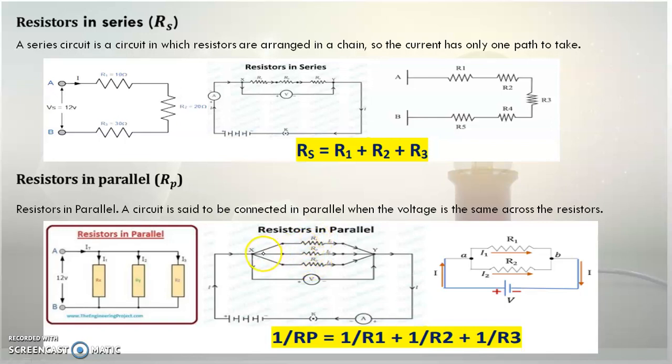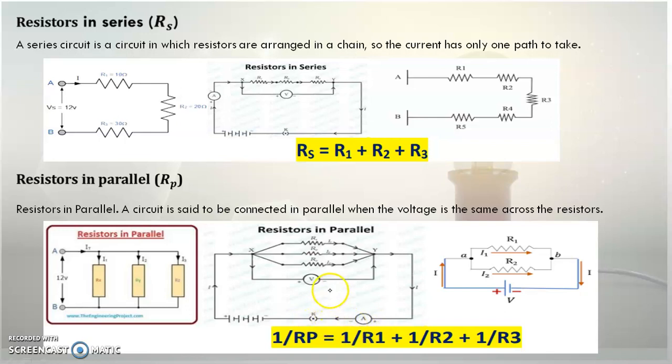One end of all of them is connected together on one side, let us call it X, and the other ends are connected together, let us call it Y. This type of connection is called a parallel connection, resistors in parallel. X and Y are connected to a battery, and we have a plug key there and an ammeter.